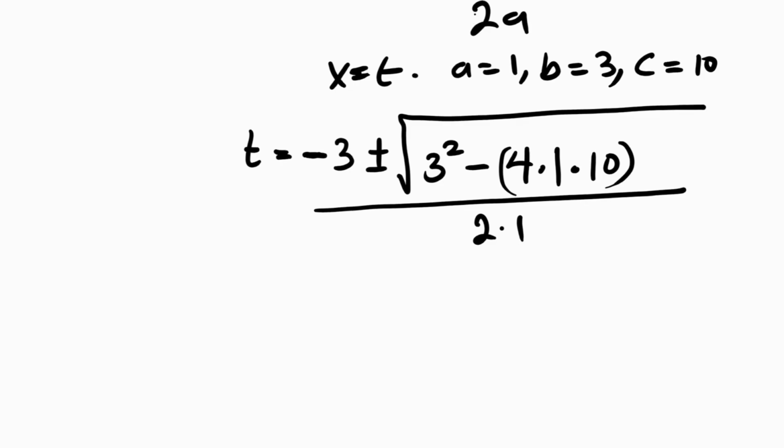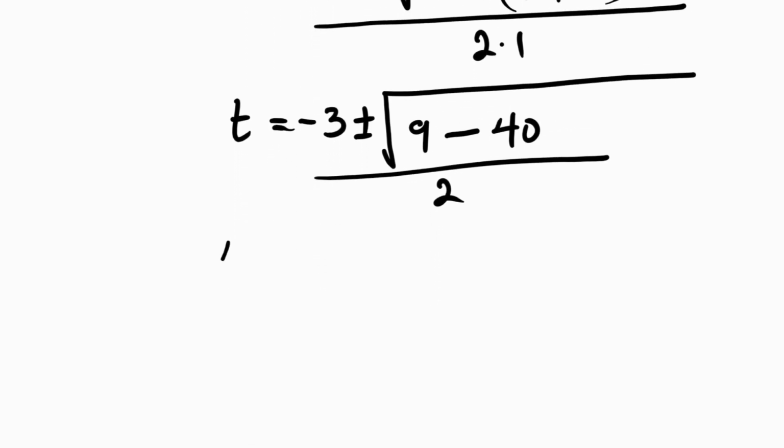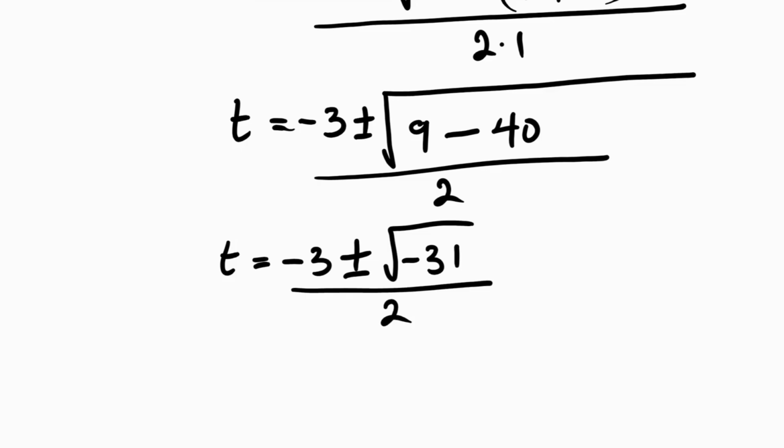Right, so t equals minus 3 plus or minus square root of 3 squared is 9, minus 4 times 1 times 10 is 40, divided by 2. So our t equals minus 3 plus or minus 9 minus 40 will give us minus 31, divided by 2.